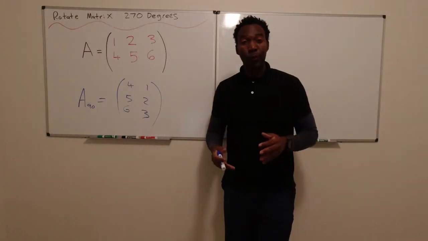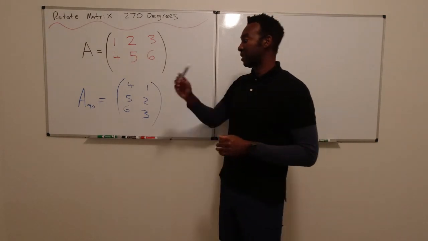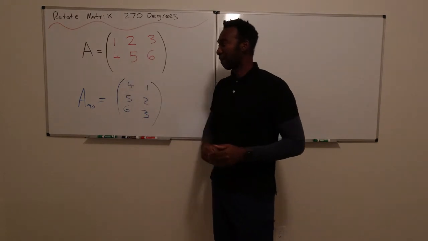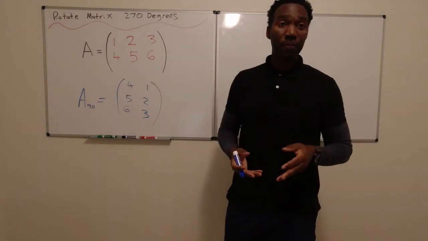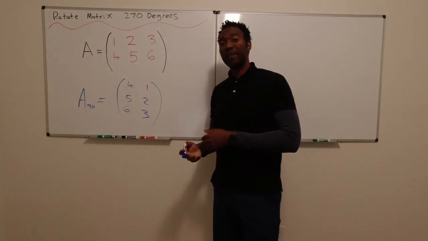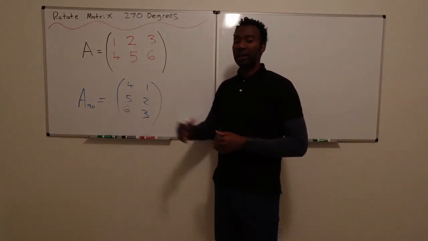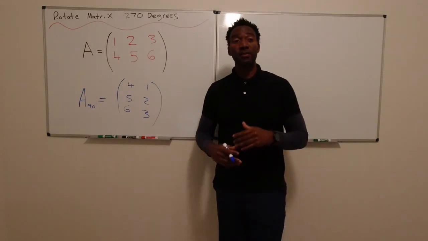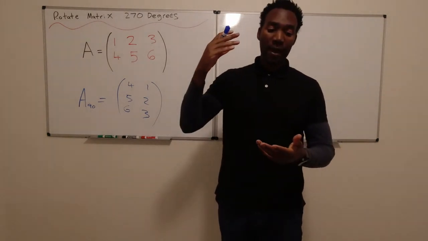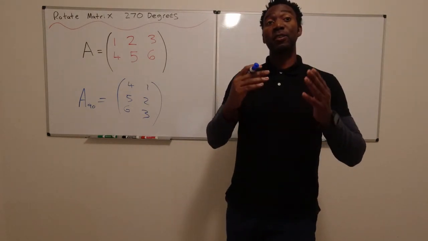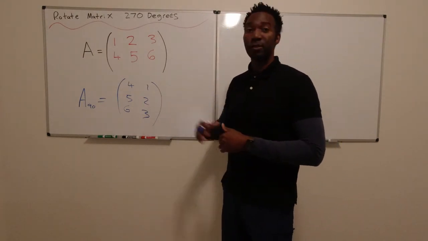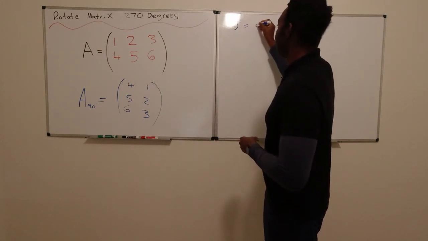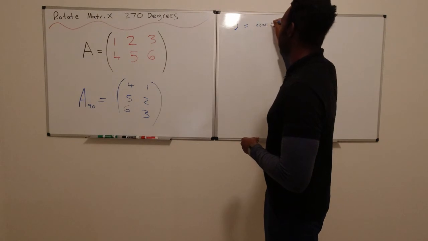In the second approach, we're going to determine a relationship between the elements in the rotated array and those same elements in the original array. Once we have that relationship, we can then use it to determine the answer for rotating 90 degrees. In order to define that relationship, we have to first define some variables. So we're going to define J, which represents the row index in the rotated array.